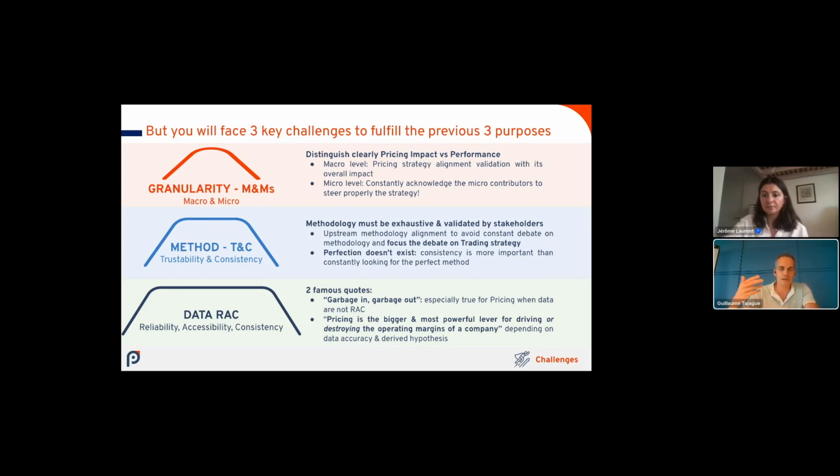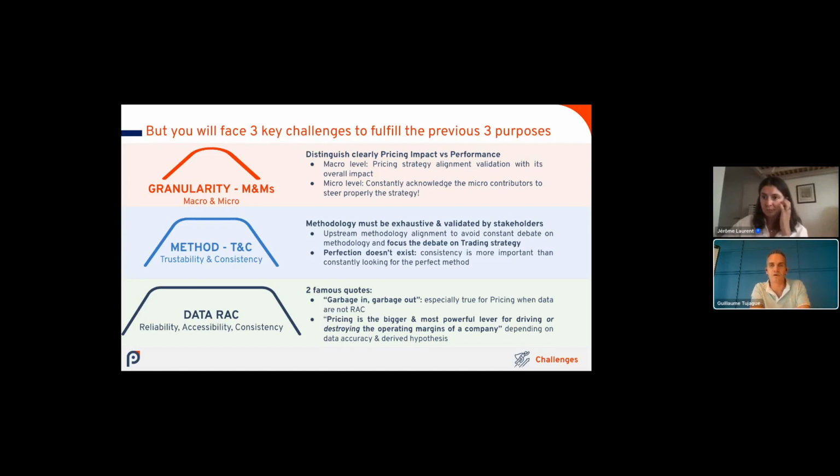All of us very often hear the famous quotes, garbage in, garbage out, or pricing is the biggest lever to increase profitability or operational growth. Of course, these two sentences are valid, but they are extremely valid on pricing because the nature of the pricing output is based on the accuracy of the data. So if we don't have this famous RAC achieved, then it's very likely that the accuracy and the relevance of the output is going to be damaged.